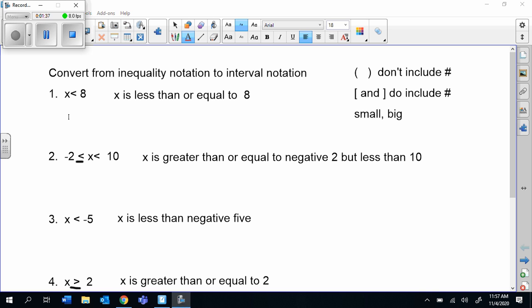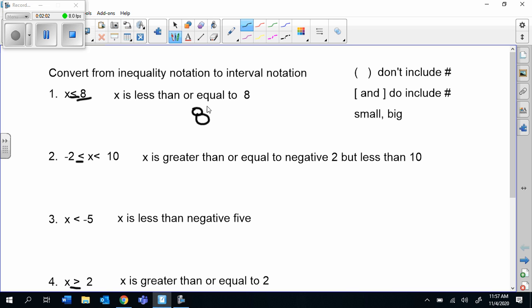So x is less than or equal to 8. Our biggest number here that it could possibly be is 8. So 8 is the biggest, and it's going to be anything smaller than that. Since it is a less than or equal to situation, it's going to be 8 on the right-hand side because 8 is the biggest, and we're going to have a hard bracket on this side.